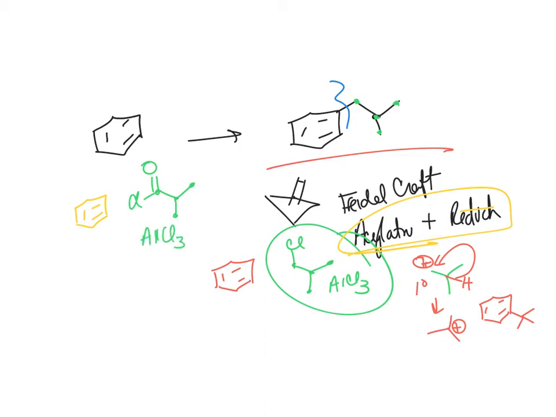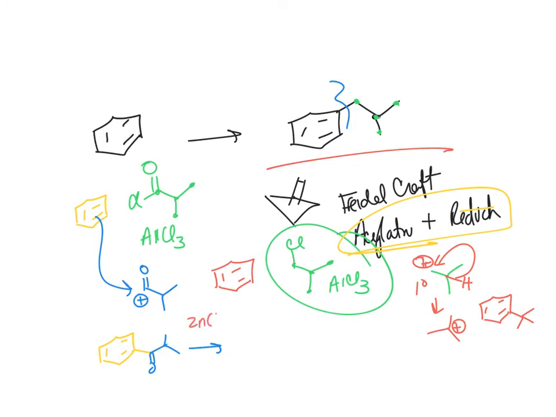So when you do that, then you get the acylium ion. So you would get this, and then that would add. So now you would get this compound here, and then you can reduce it just the same way that you reduced the nitro to the aniline.